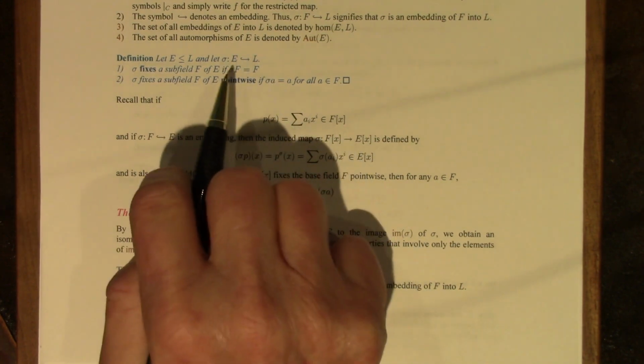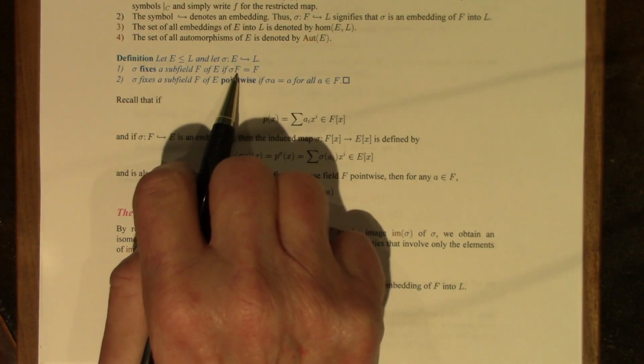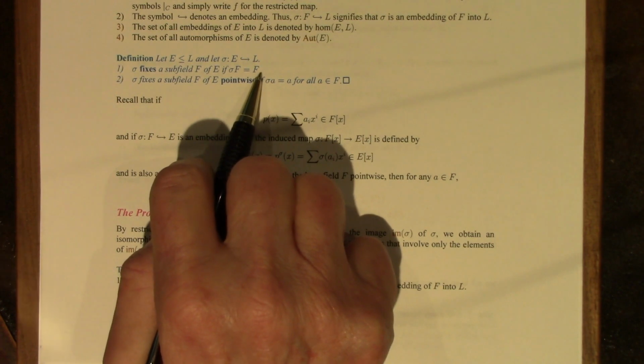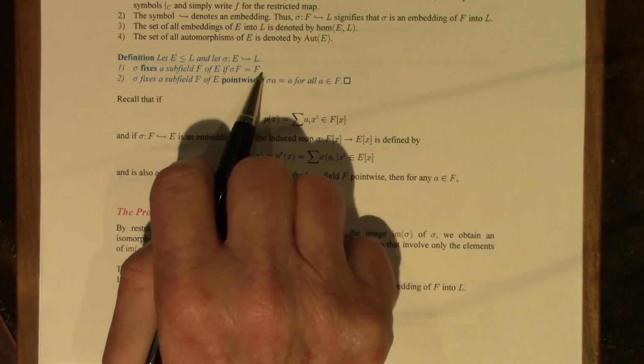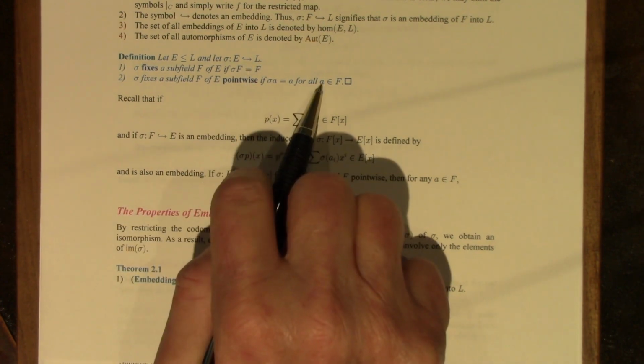So this is clearly much more restrictive than just sigma sending the set F to the set F. It can scramble the elements within F, but this one cannot.